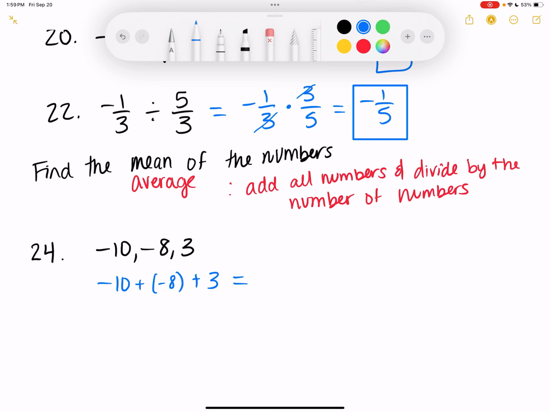Negative 15. And then what do I do? Divide by the number of numbers. We had 3 numbers here, so divide by 3. Negative 5. So this is the average, or the mean, for this problem.